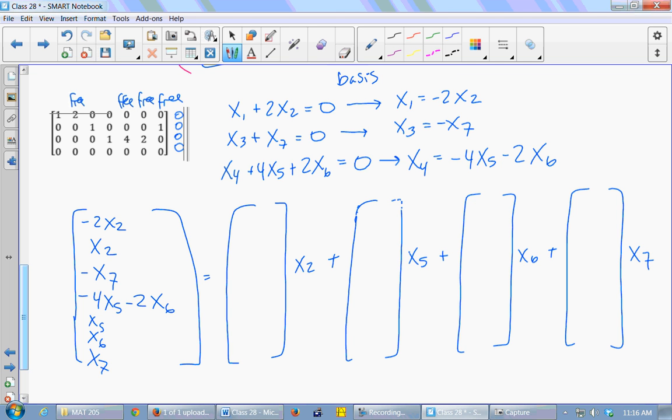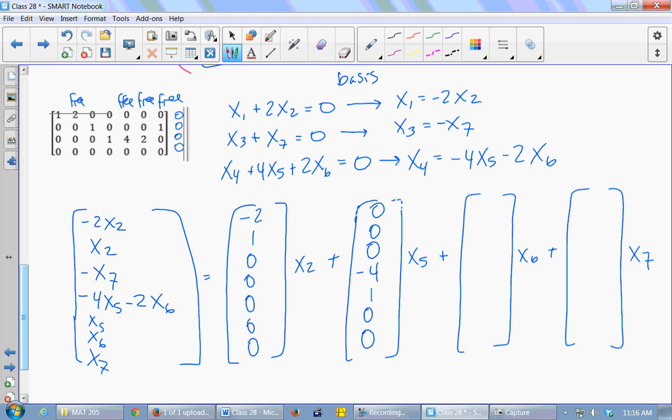So my vector that goes on x2, I've got a negative 2 and a 1, then 0, 0, 0, 0, 0. And then on x5, I've got 0, 0, 0, negative 4, 1, 0, 0.